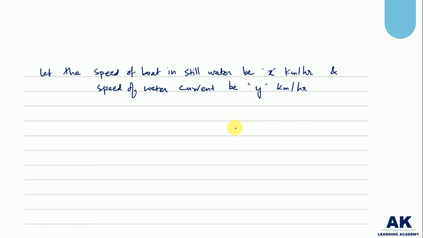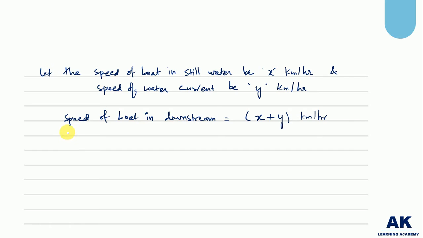So the speed of the boat in downstream is what? x plus y, right? What is downstream? It is the summation of the speed of the boat in still water and the speed of the water current. Therefore, the speed of the boat in downstream is x plus y kilometer per hour.